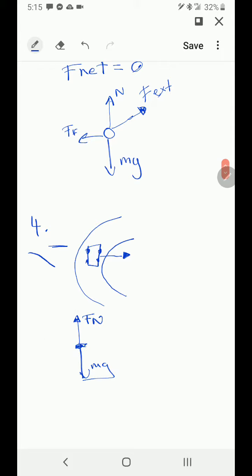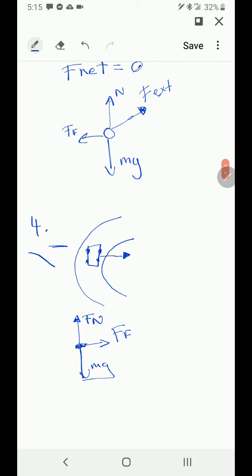But we have a force going here that is pointing toward the center. When this car is turning, it creates a centripetal force, and in this case this force is the force of friction.